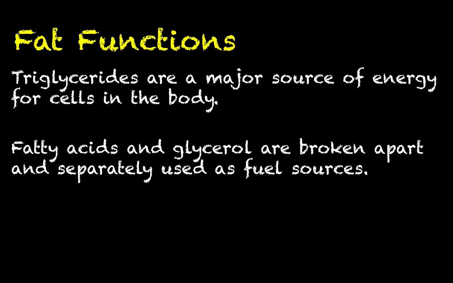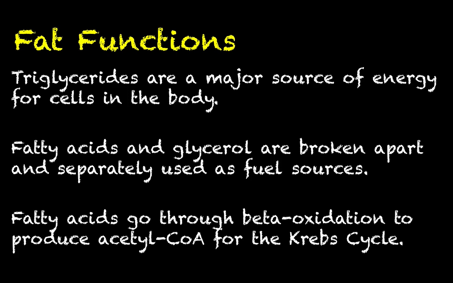Glycerol can be metabolized into an end product of glycolysis, namely pyruvate, and fatty acid can get converted directly into acetyl-CoA, which would then enter the Krebs cycle. The process of oxidizing fatty acids through cellular respiration is called beta oxidation, and it largely occurs in mitochondria and in peroxisomes.